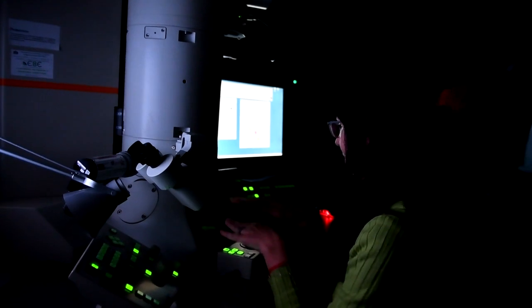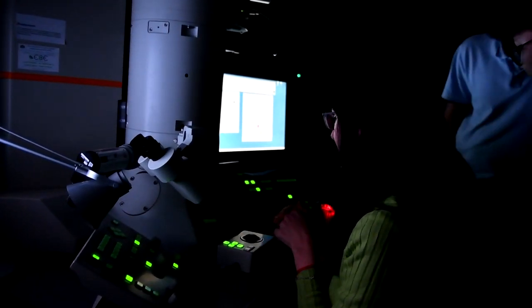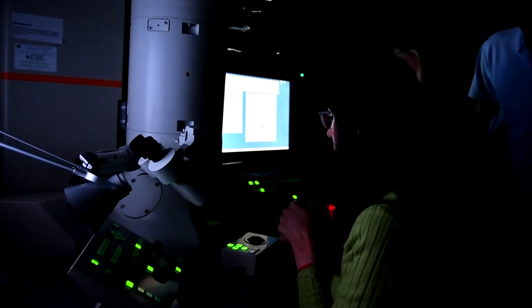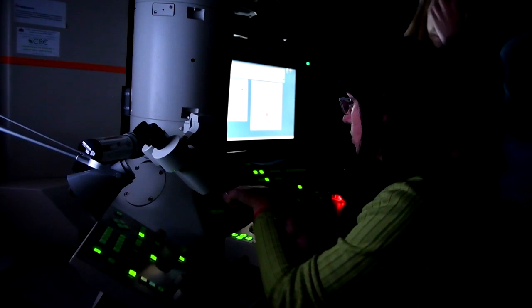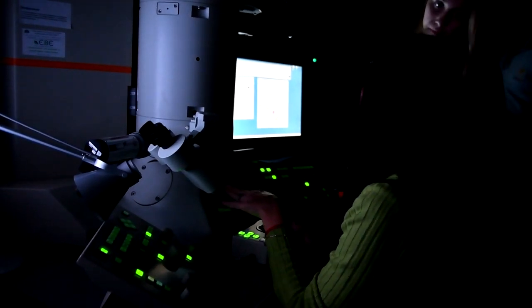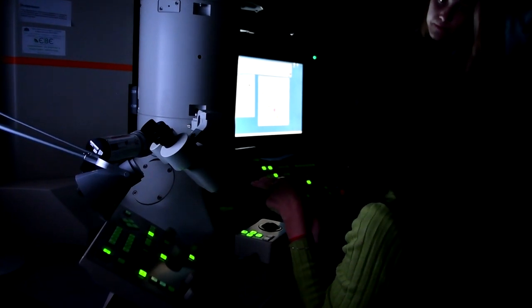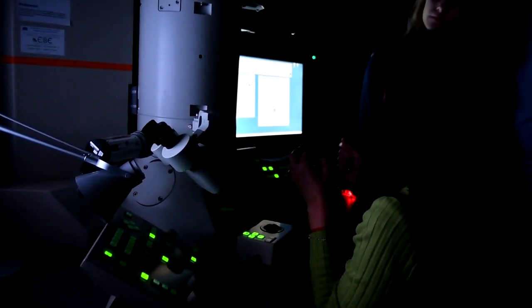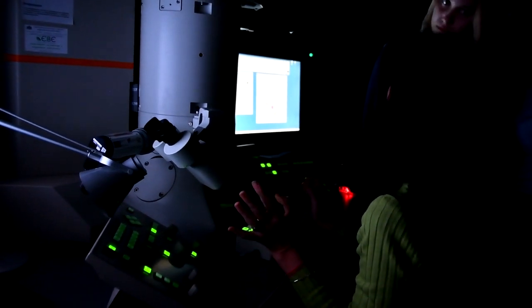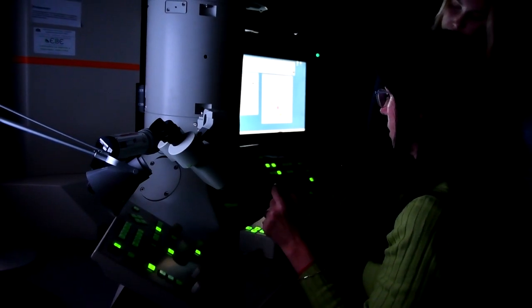You see that the powder is on the surface of the grid. What is important for us is that in these holes we have particles, because the method is transmission. If this is not a grid with holes, we will not see particles. So it is important to be in a hole.